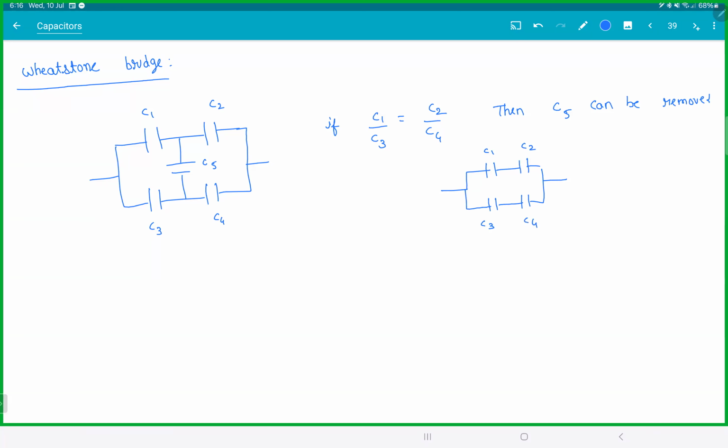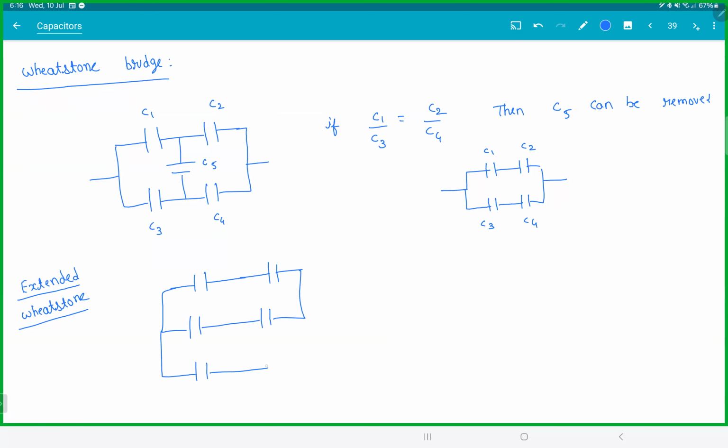You can have an extended Wheatstone bridge. You have capacitors C1, C2, C3, C4, C5, C6, C7, and C8.